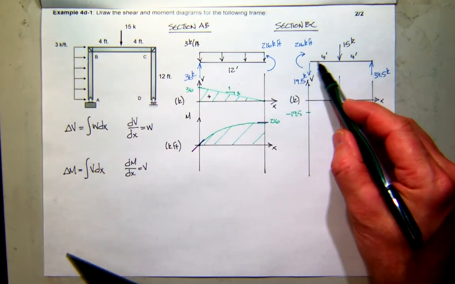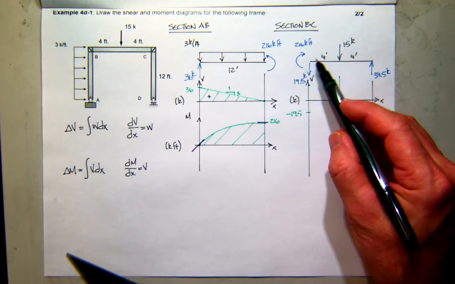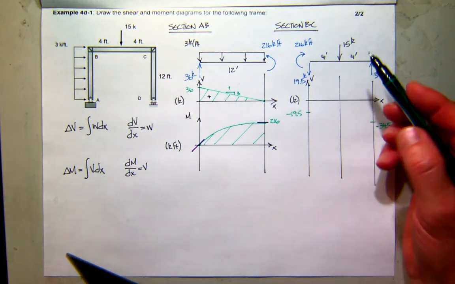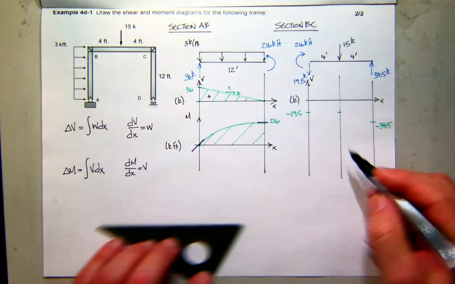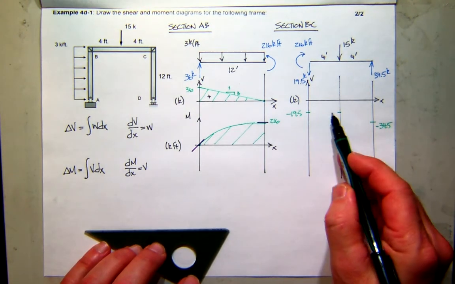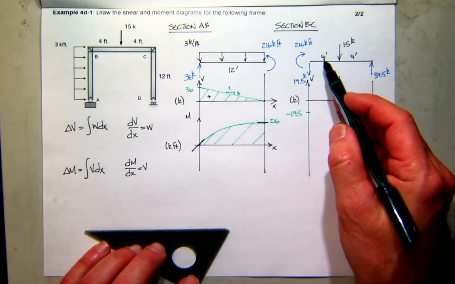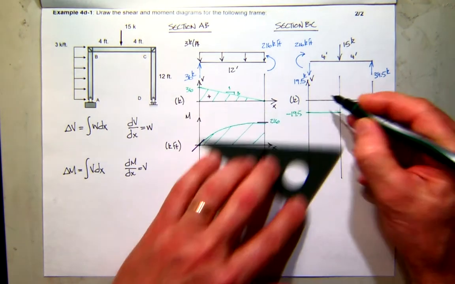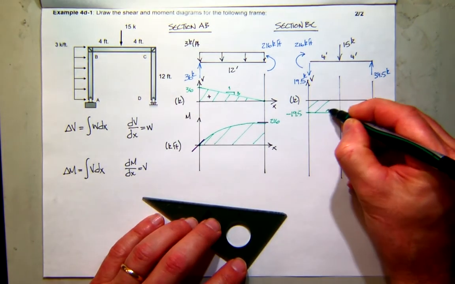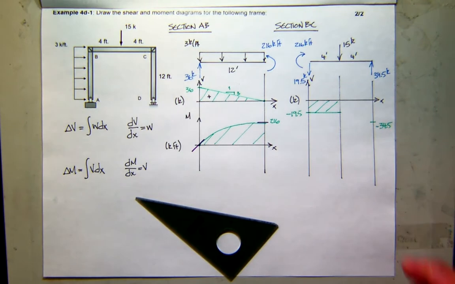What's the load over the first 4 feet? 0, so there is no change. If I start at negative 19.5, I'm going to stay there. And of course, the slope of that curve is given by the load. The load is 0, so 0 slope. So constant shear over the first 4 feet.